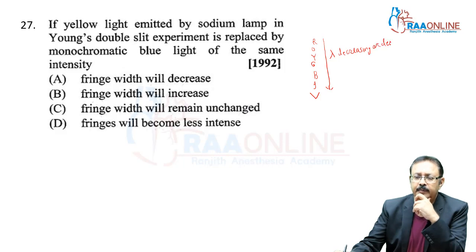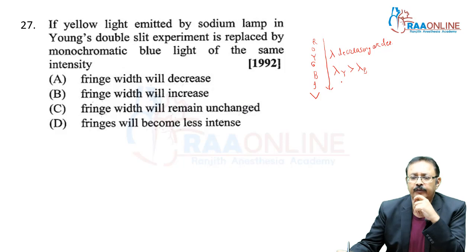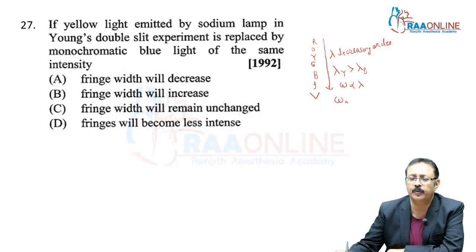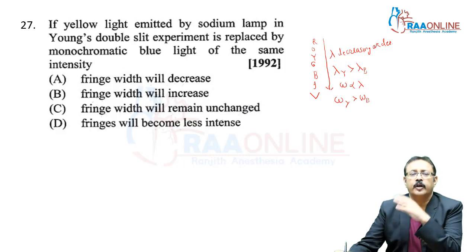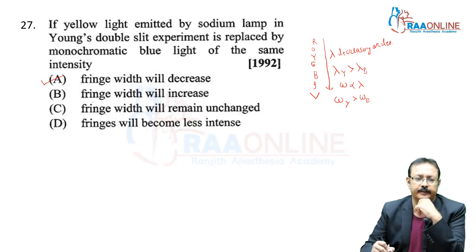Red color has maximum wavelength. It means the wavelength of yellow should be greater than the wavelength of blue. And fringe width is directly proportional to lambda. So the fringe width of yellow should be greater than that of blue. If you replace yellow by blue, you are decreasing the fringe width. So we are going with option A.